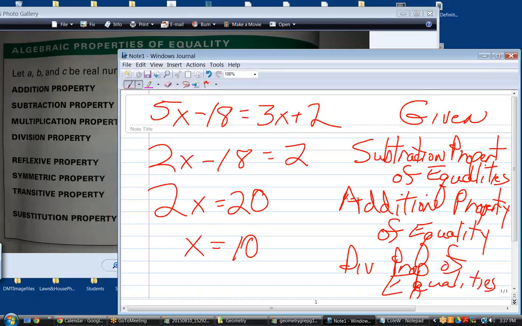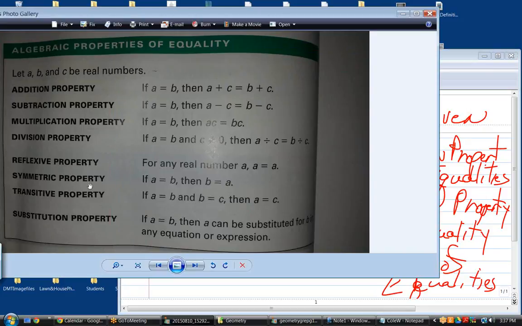Now, notice that the addition, subtraction, multiplication, and division, that's pretty easy. All four of those are something you should know. But these four here are new, probably. I doubt that you've seen them before. Notice what the reflexive property is.